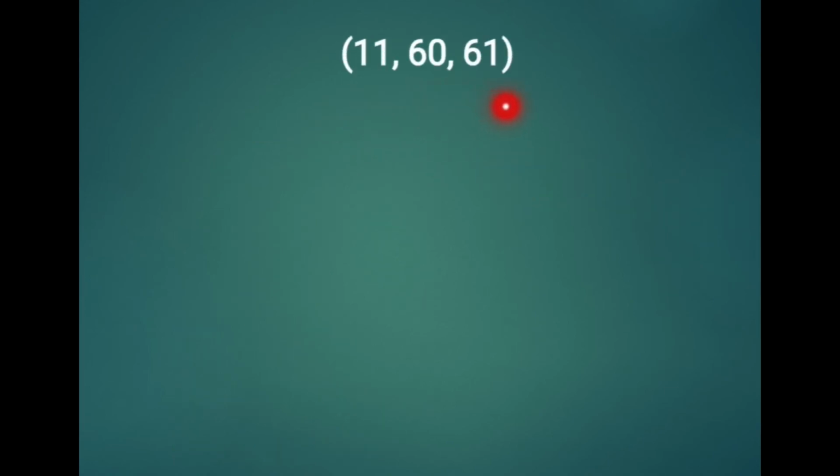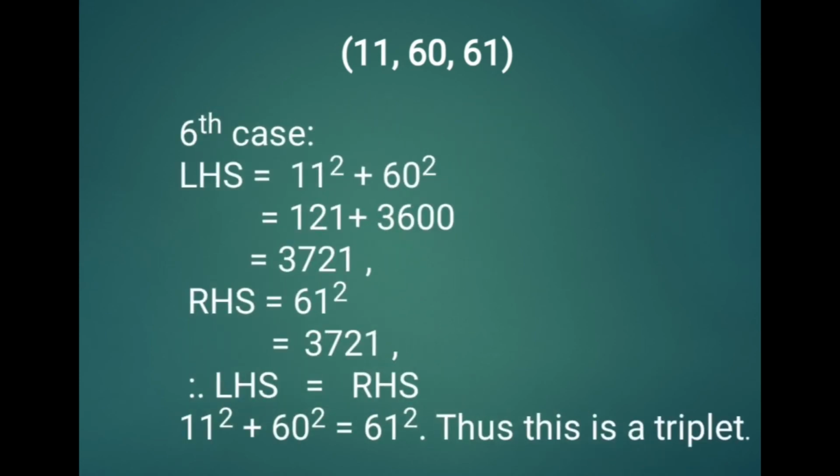Now the last example of this question. Here 61 is the greatest number. So we find the square of 11 and the square of 60. After their sum, if that sum equals the square of 61, then the numbers are a triplet. So see here, the square of 11 is 121, the square of 60 is 3600.